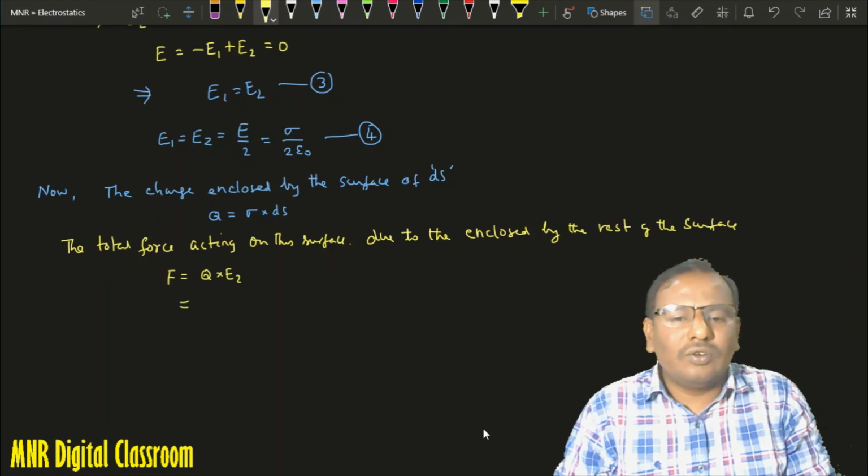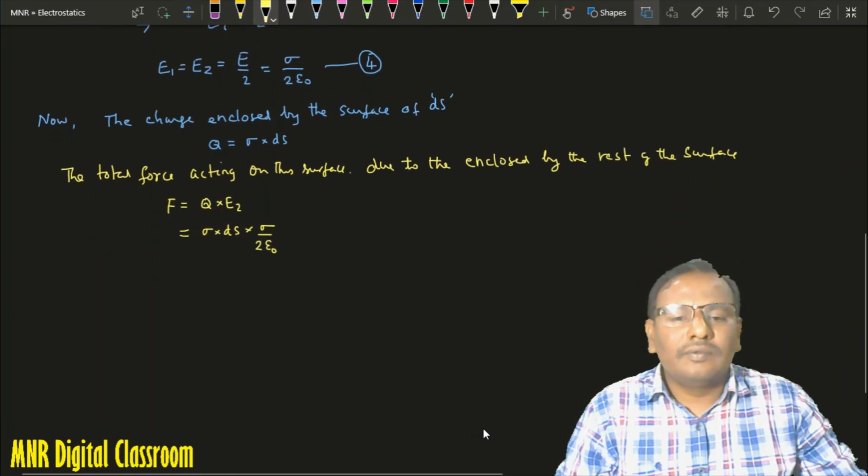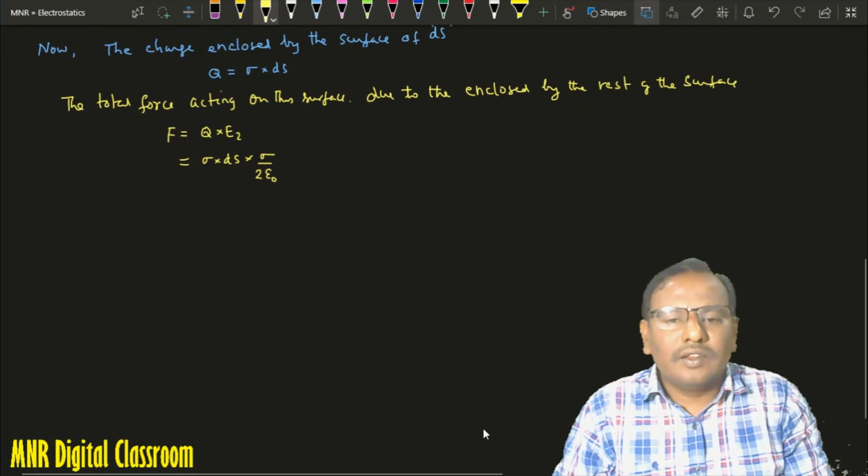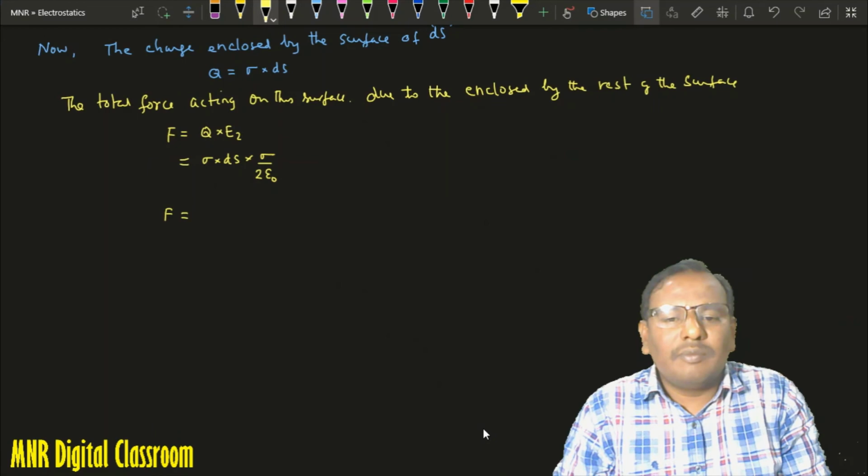Substitute Q equal to sigma into ds, and E2 from equation 4, sigma divided by 2 epsilon naught. Therefore, F divided by ds is equal to sigma square divided by 2 epsilon naught.